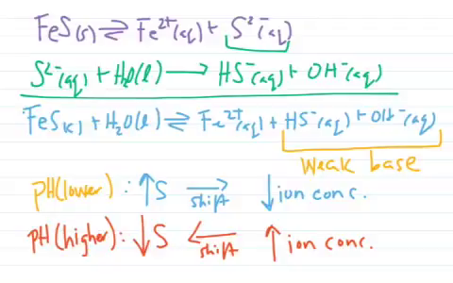So just from knowing that simple rule about having a weak base in the product, we know if we lower our pH, we are going to have an increase of solubility. We're shifting to the right, and our ion concentration will decrease. Now, if we add in a higher pH, like hydroxide, we are going to lower our solubility. We are going to shift to the left, and our ion concentration will increase.